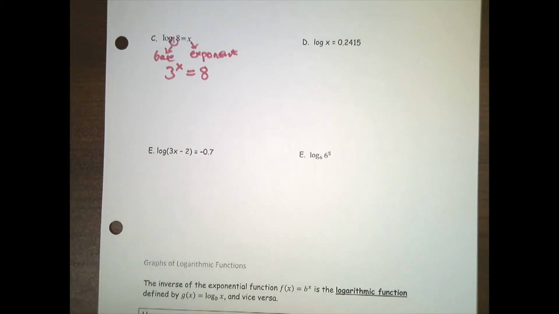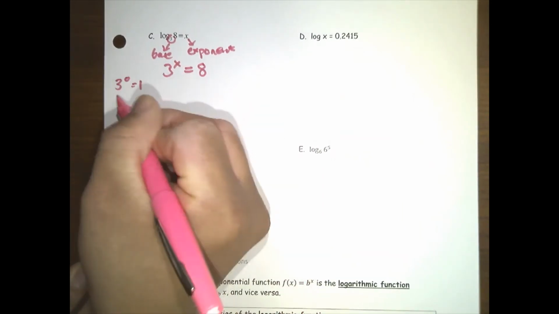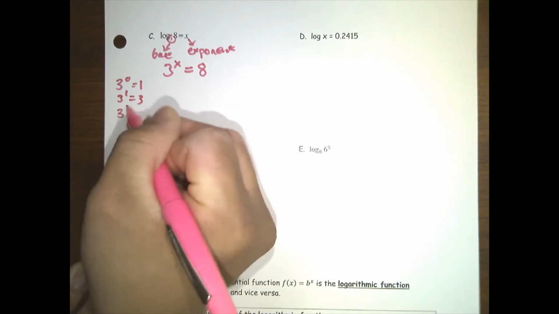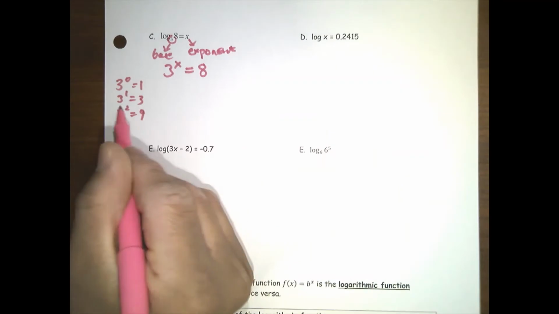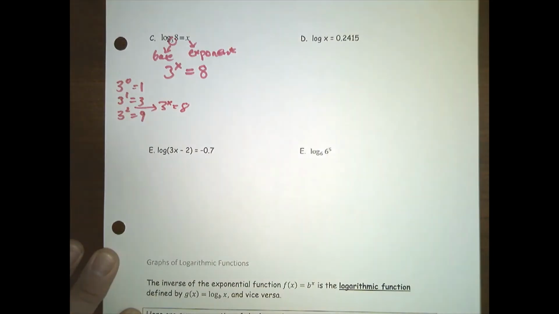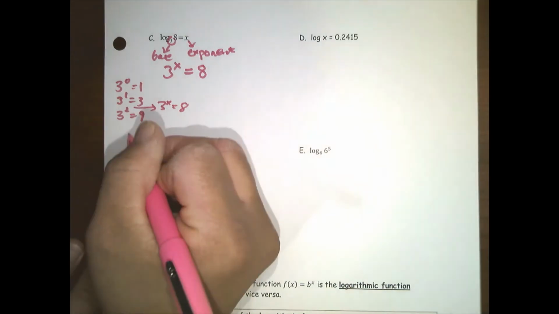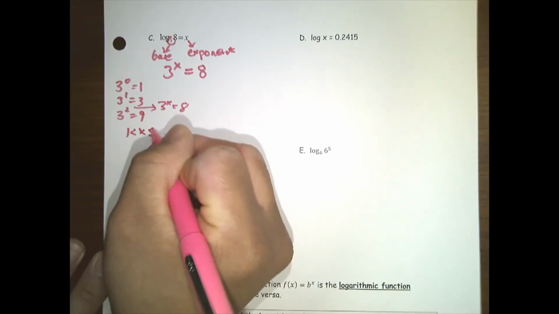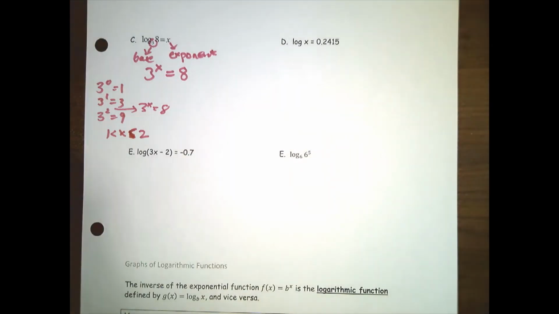But since 3 to the 0 is 1, 3 to the 1 is 3, and 3 to the second is 9, I can tell you that the answer is going to be between 1 and 2. If I had to give you an estimate, I would say it's between 1 and 2. I do know for sure x is between 1 and 2, but if I wanted an exact answer, I would definitely need a calculator.